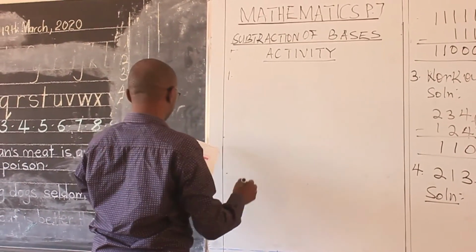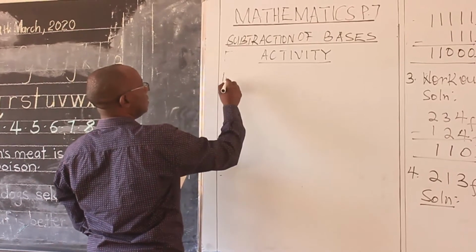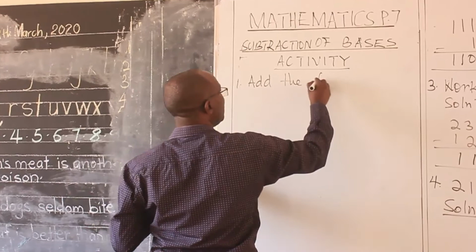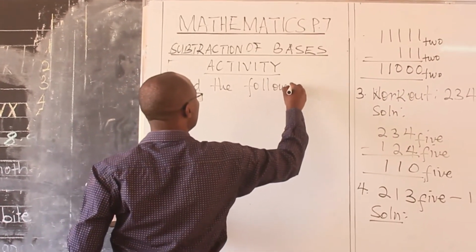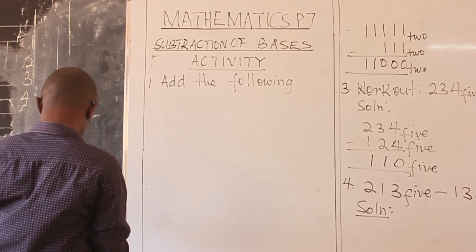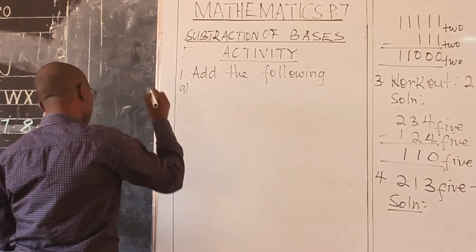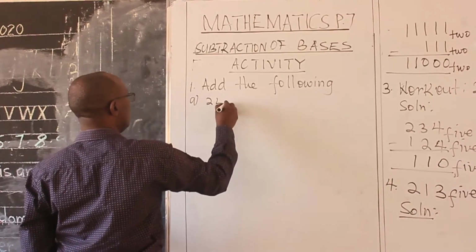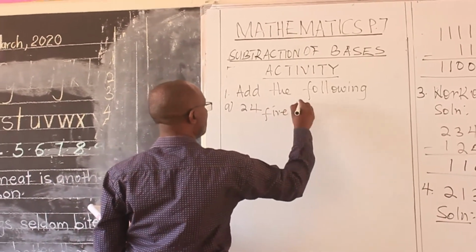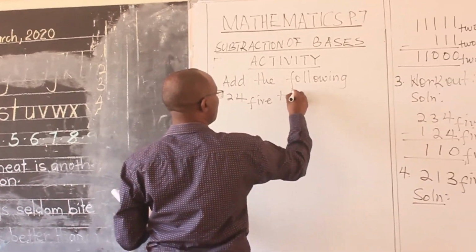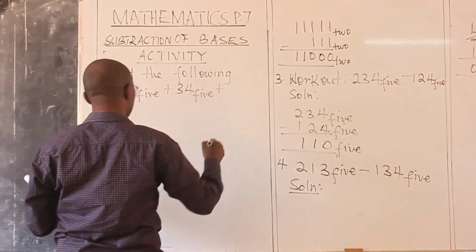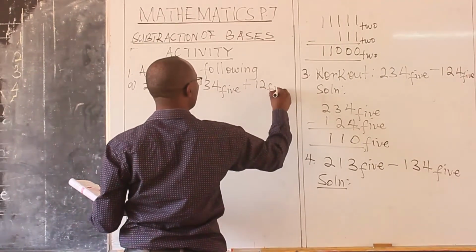Question 1: add the following. 24 base 5 plus 34 base 5 plus 12 base 5.